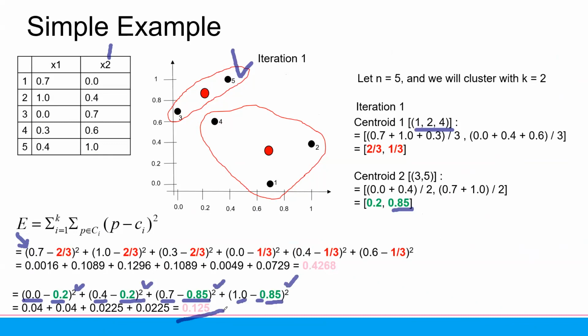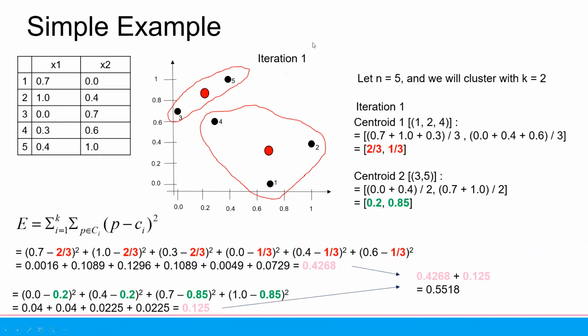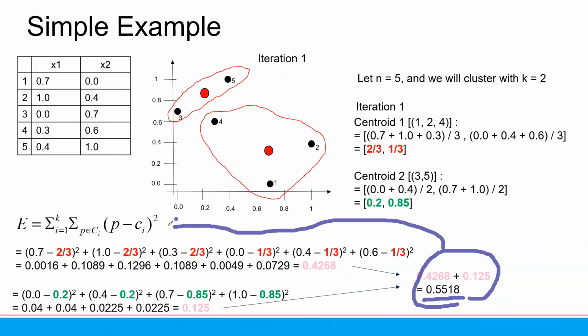Then we can get this error, or this is the distance. I can say that iteration 1 for this problem gives you the error of 0.5518. Okay, so this is the error.